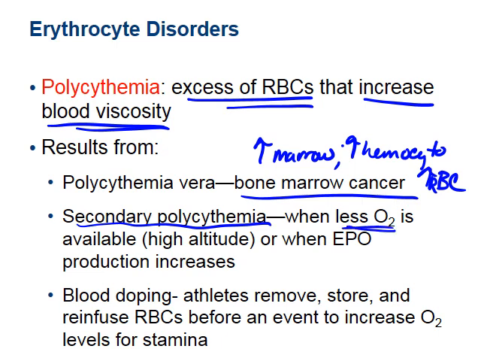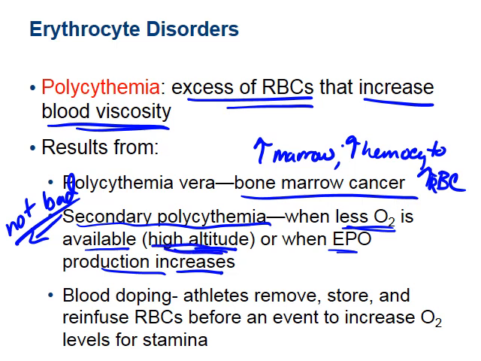If there is less oxygen available, like at a high altitude, or when EPO production increases. So secondary polycythemia is not bad if it's due to climate change, right? If you went to a high altitude and all of a sudden you don't have enough oxygen, so we kick on EPO and we increase our red blood cell production, that's great when you're in the high altitude.